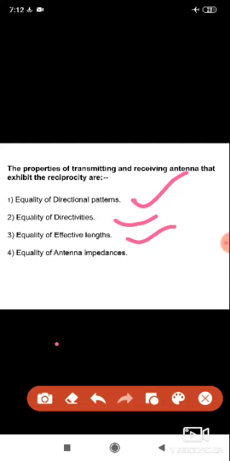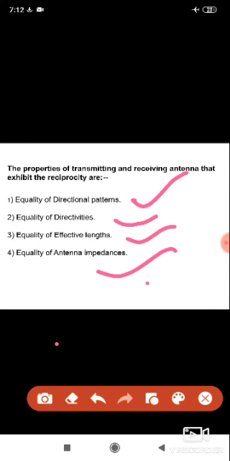And the last is the antenna impedance, because every antenna has its impedance. In the reciprocity theorem we get the equality of impedances in both systems, in antenna 1 and antenna 2.